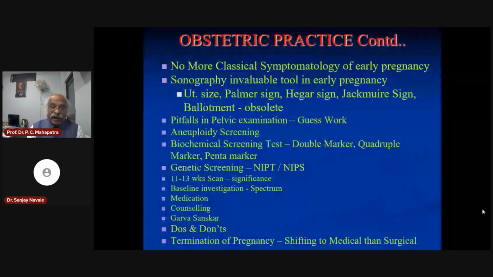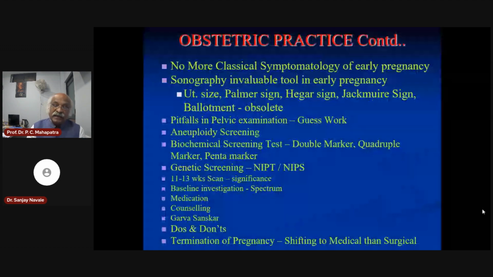And therefore, as we go more into the fetal compartment, as we have evolved the subspecialty of fetal medicine and maternal fetal medicine, we are convinced that a single scan is not necessary. A serial scan during the pregnancy can be very important for the perinatal outcome. And therefore, the reverse pyramid, the 11 to 13 week scan, has a lot of significance.